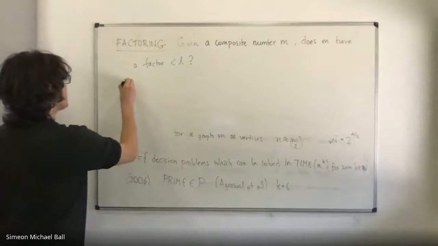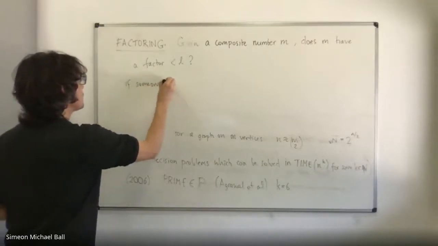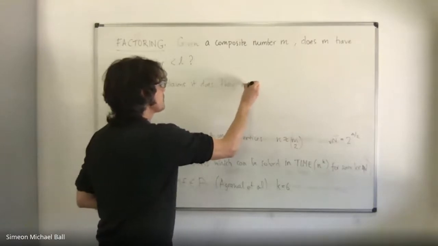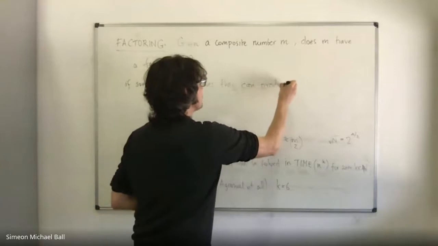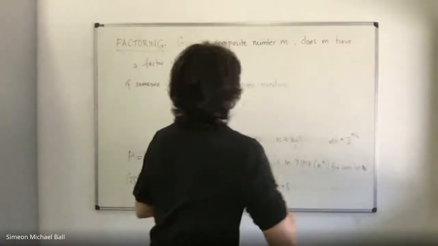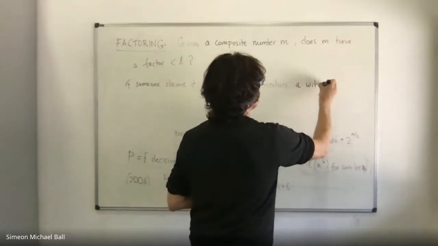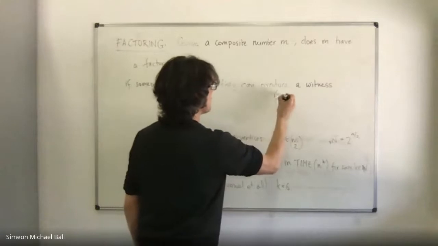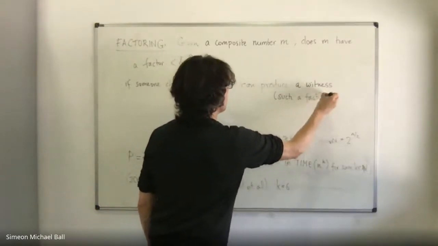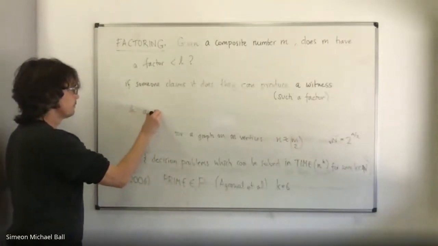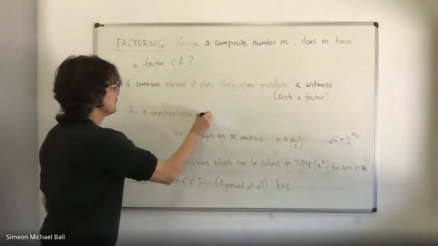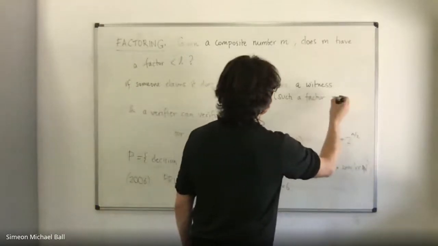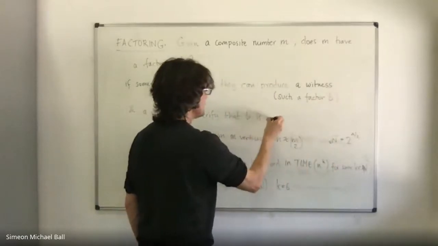So if someone claims it does, they can produce a witness, which will be a factor, and we can verify that B is a factor.